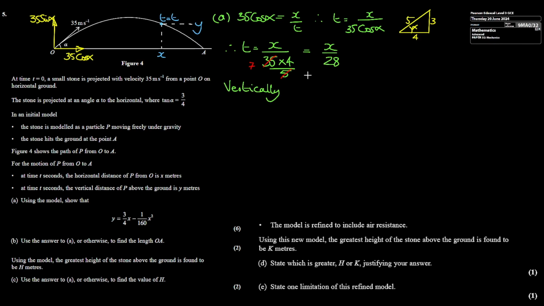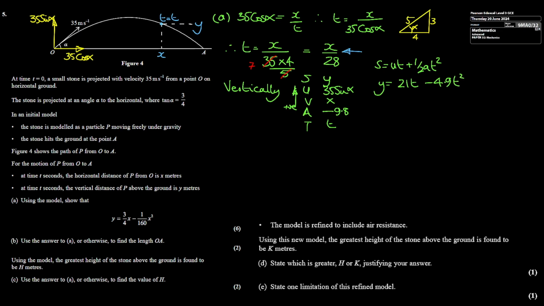Now vertically, and this is going to be suvat, s is y, u is 35 sin alpha, v we're not interested in, the acceleration is negative 9.8, because I'm working suvat in a positive direction, and the time is t. The equation that links everything is s equals ut plus a half at squared. If I work that out, I get that y is equal to 21t minus 4.9t squared.